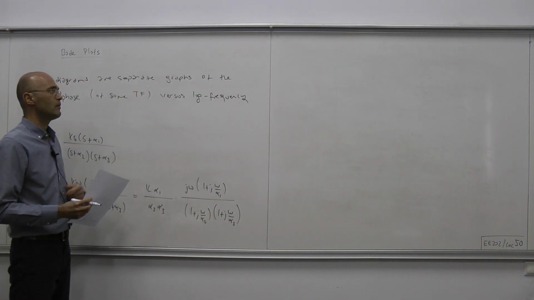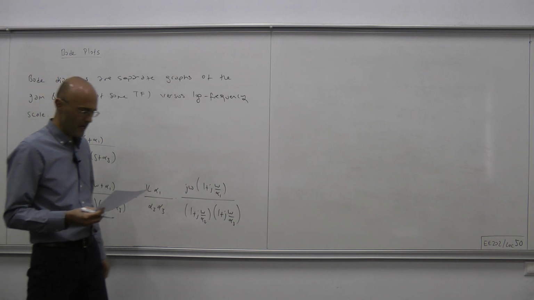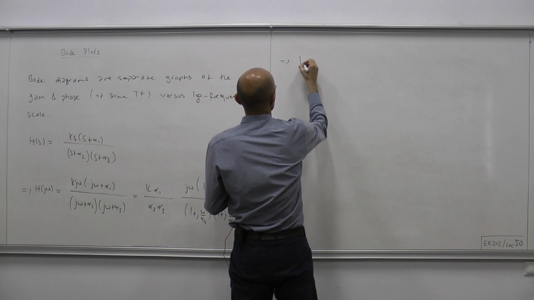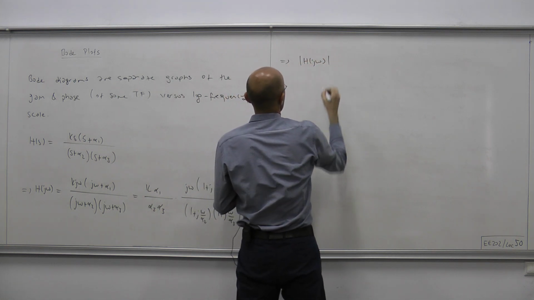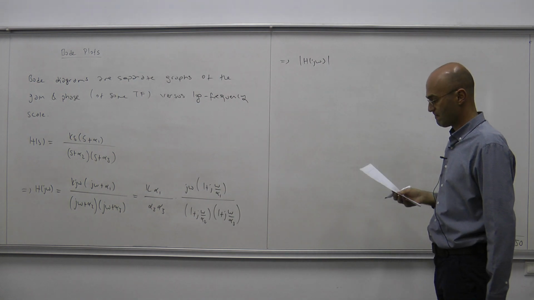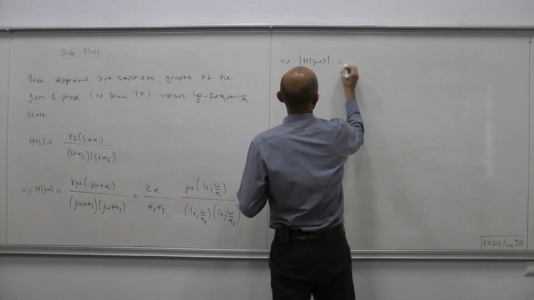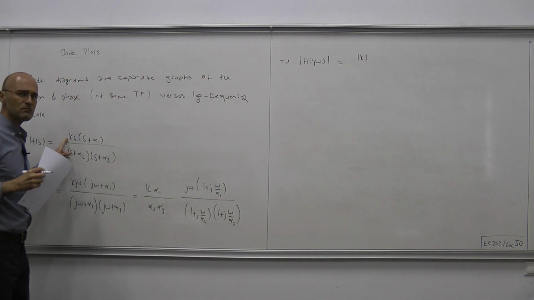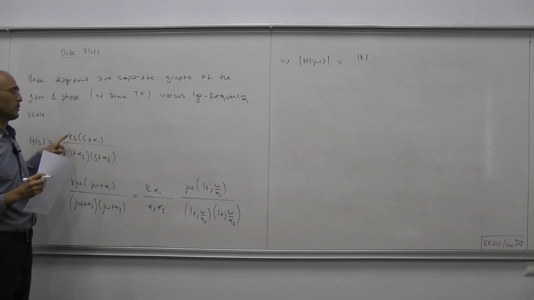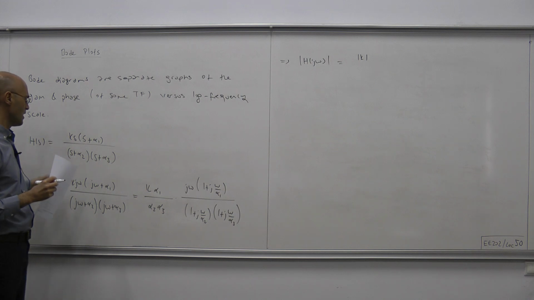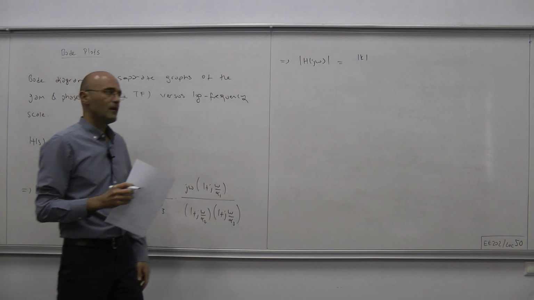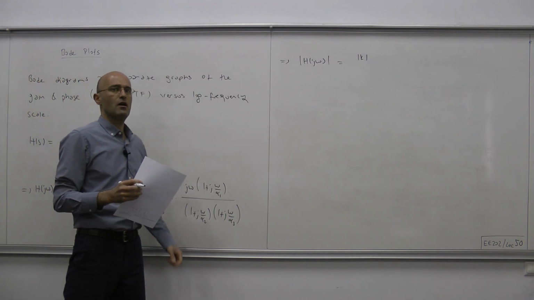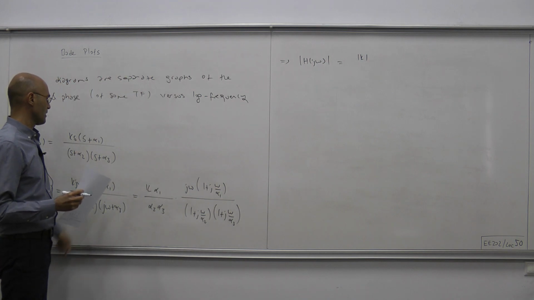Now let's have a look at both the gain and the phase of H of j omega. So that produces the following: the magnitude of H of j omega, okay, the gain, equals the magnitude of K, because K could either be positive or negative. Okay, it's a real number, but it could be positive or negative. Whereas the alphas, namely minus of which are either zeros or poles, are all positive.